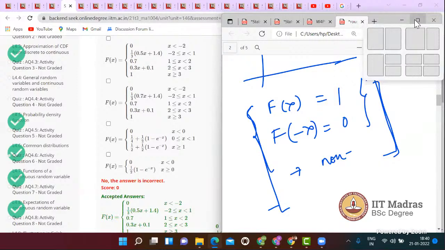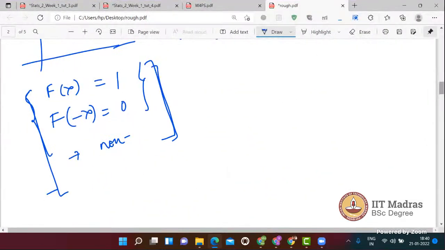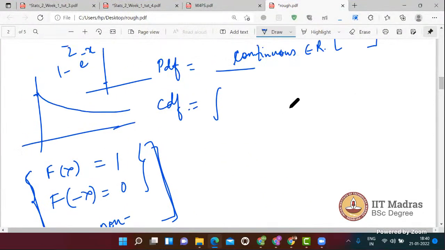The professor proved this using the PDF part. So from this we can say that if a function is a valid PDF, then it is also a valid CDF, because both properties are used in contrast with each other. Yeah, correct.